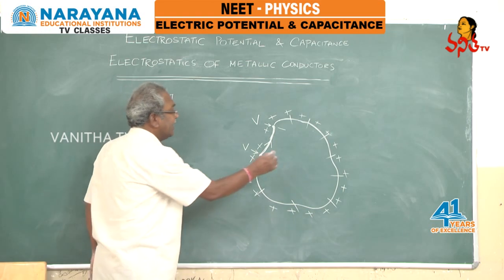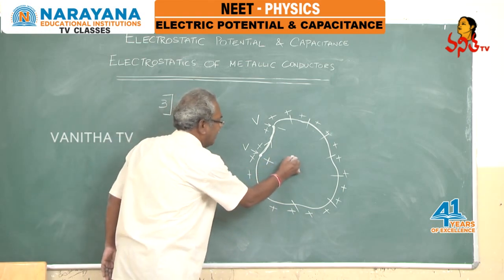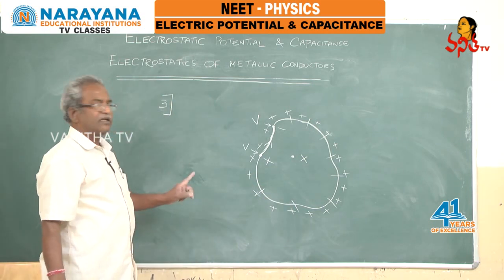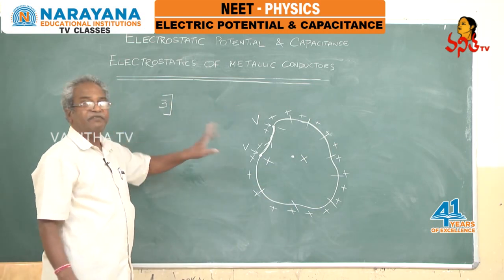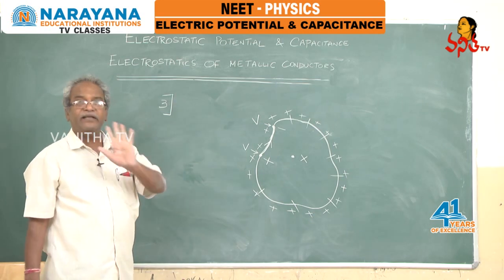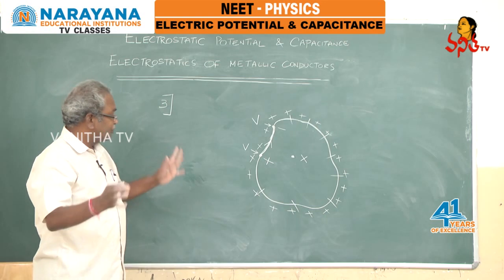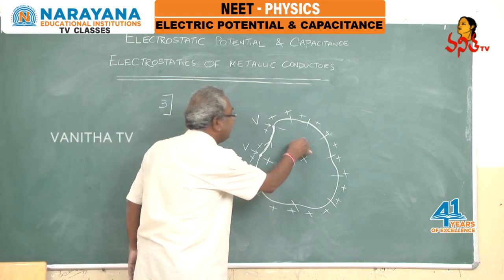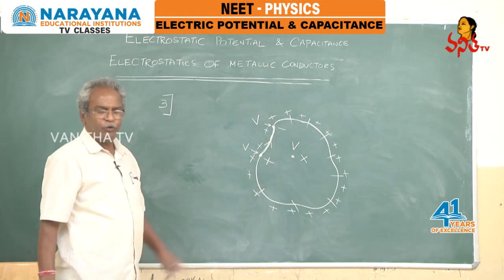Then what about any interior point? For example, there is a point X inside. On the surface of the charged conductor, everywhere potential is V. There is a point X inside the conductor, and we will say that at this point also potential should be V. Why should potential be V there?